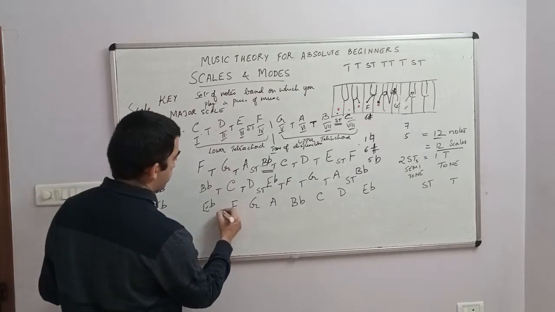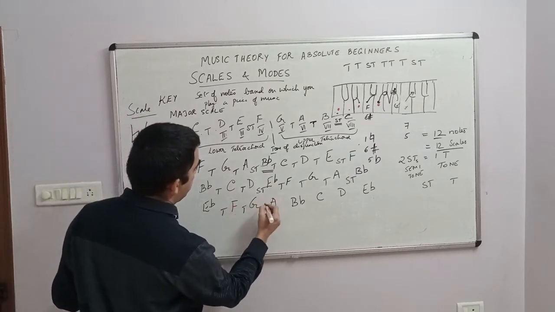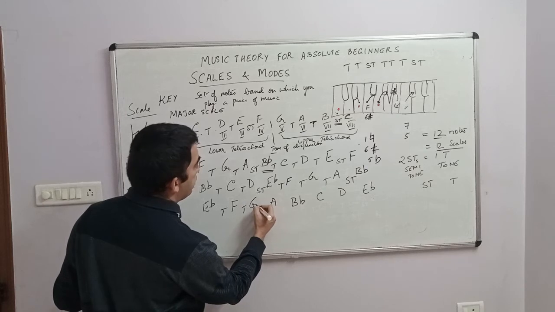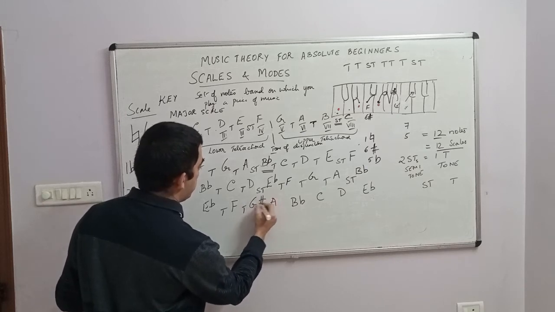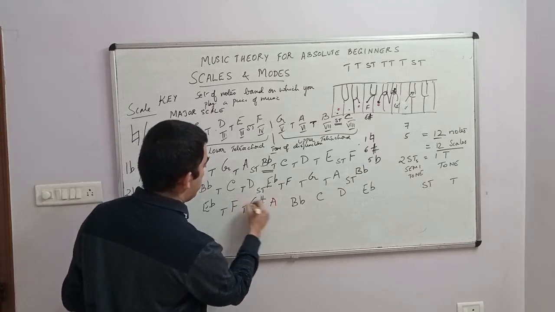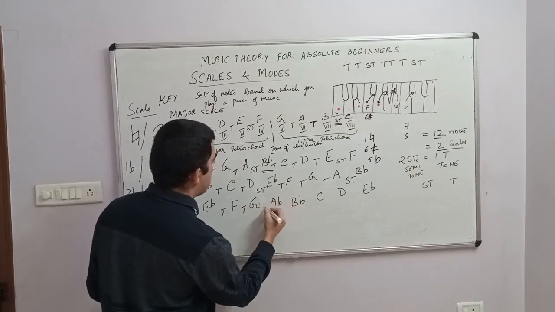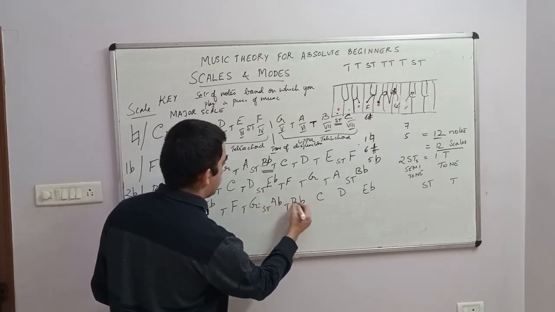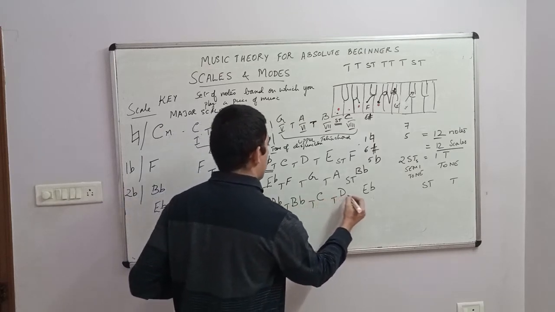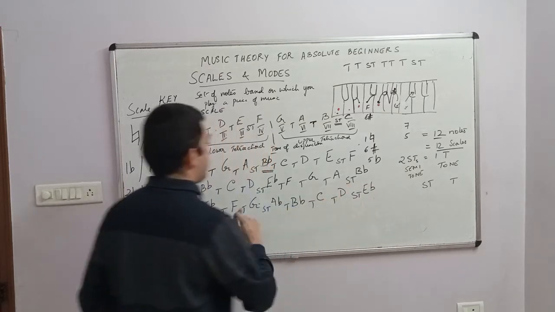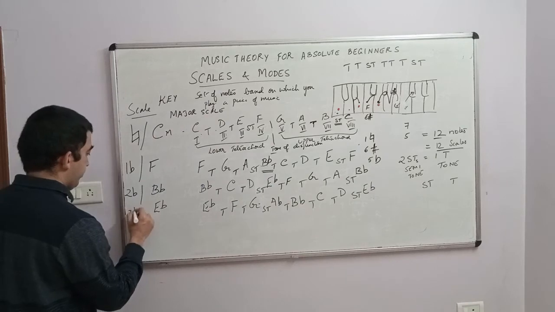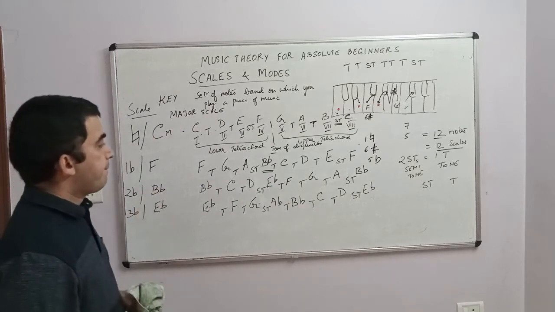Again, E flat to F is tone, F to G is tone, G to A again the problem. You cannot make it G sharp because you will have a longer distance between F and G sharp. So the only option is E flat. Semitone, tone, tone, tone, semitone. You have three flats, so it is called as a E flat scale. Okay?